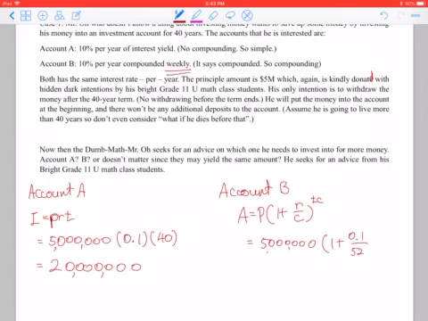Therefore, it's compounded 52 times a year. And then it will be 40 times 52. So according to the calculation I have, it will be $5 million times (1 plus 0.1 divided by 52) to the power of 40 times 52, and I get, whoa, how much is this?